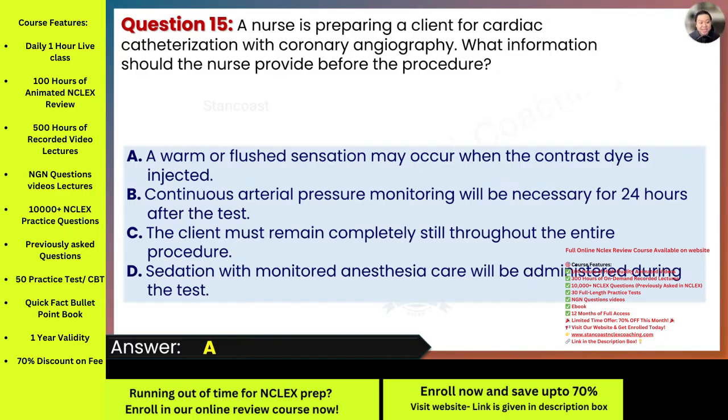Now, why is letter C incorrect? It stated the client must remain completely still throughout the entire procedure. This is not entirely correct.